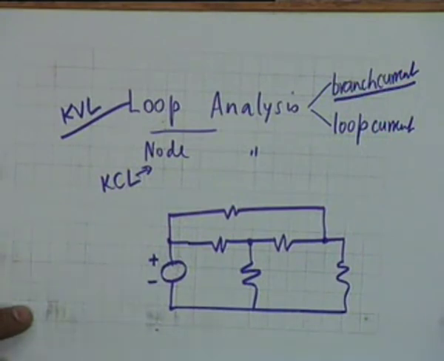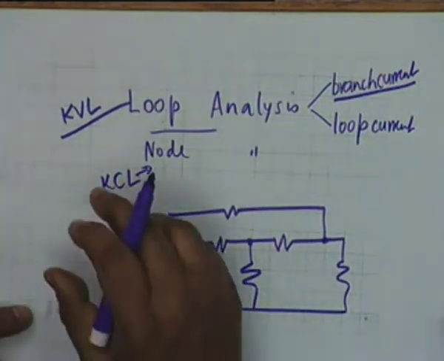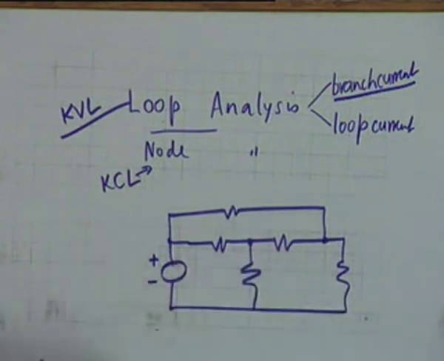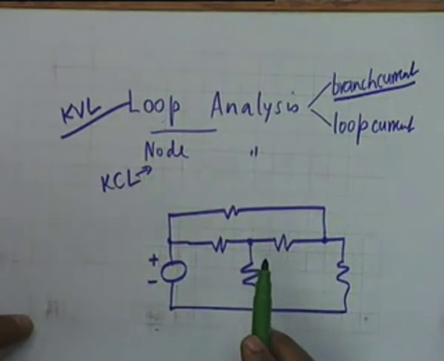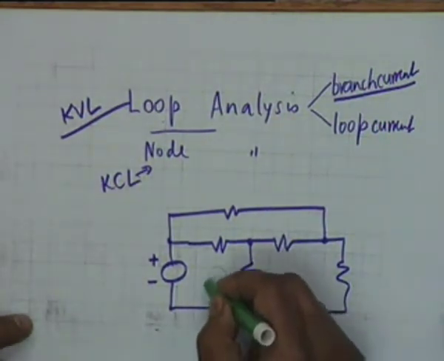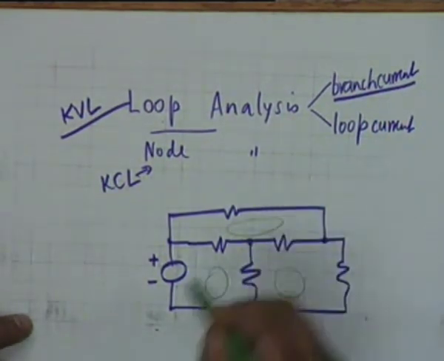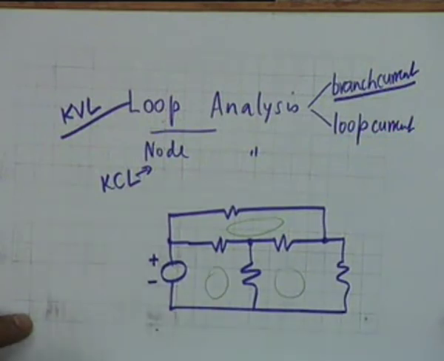Now can you tell me by looking at this circuit which method you shall follow, loop analysis or node analysis? If you follow loop analysis, well, the answer is incorrect. If you follow loop analysis, you formulate 3 loops, you shall have to write 3 equations.